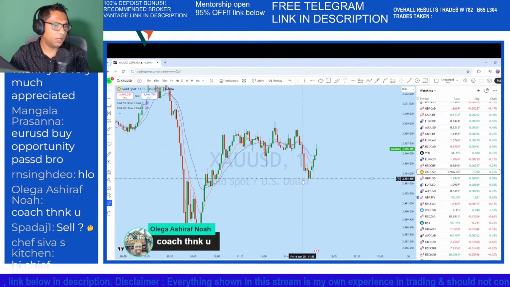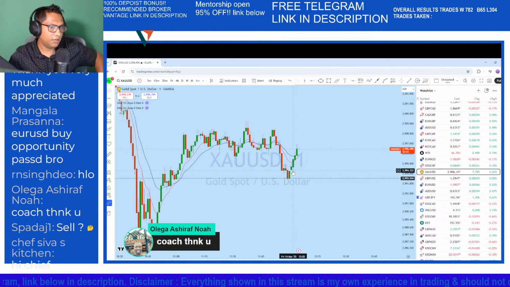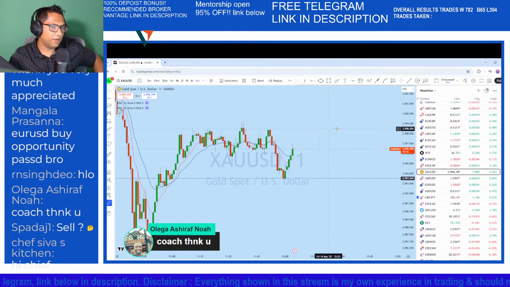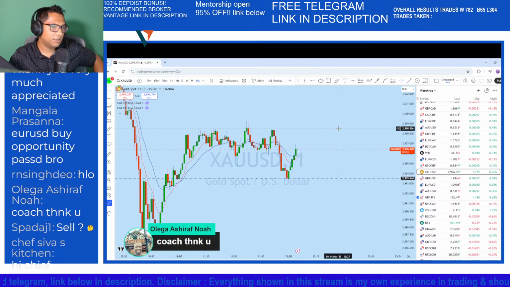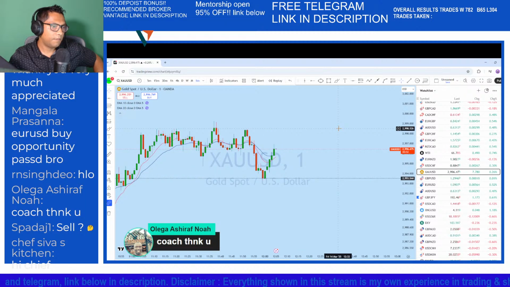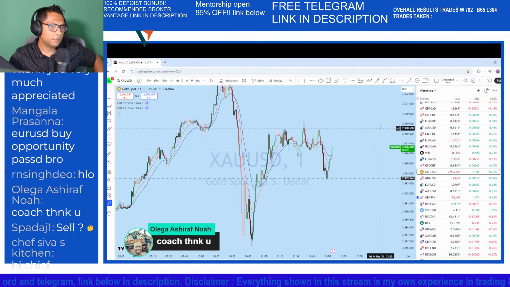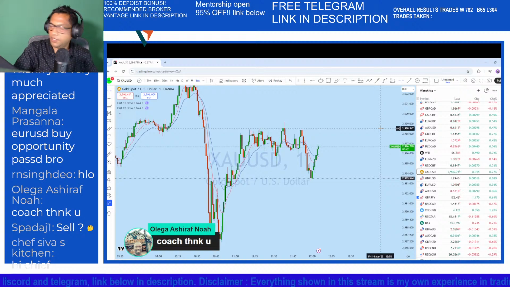So, a bullish impulse here with a liquidity candle formation, and it may continue to trend.